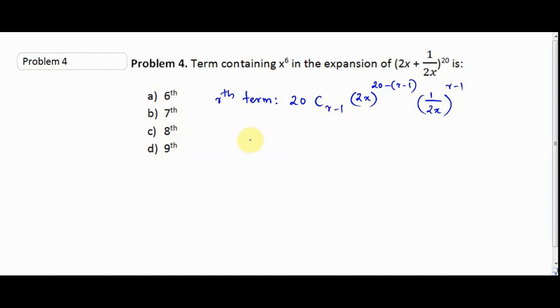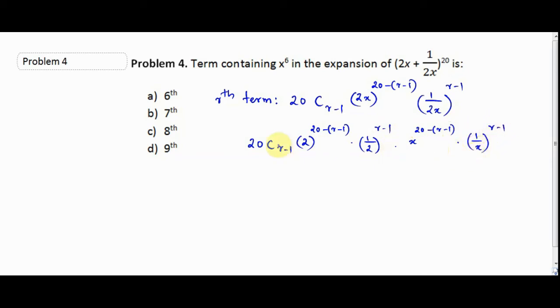So we may rewrite this term as 20C(r minus 1), 2 raised to (20 minus (r minus 1)) into 1 by 2 raised to (r minus 1) into x raised to (20 minus (r minus 1)) into (1 by x) whole raised to (r minus 1).